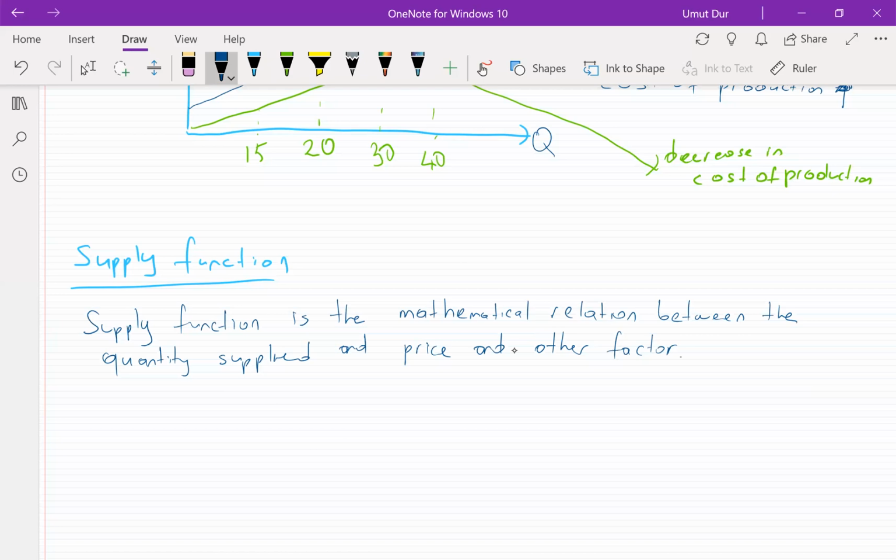And we represent the quantity supplied by QS, and the supply function is represented by S.